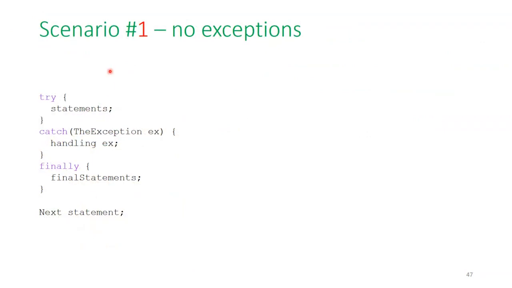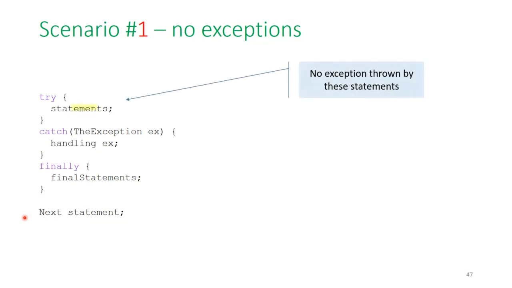So here's the code, or pseudocode. Try, a bunch of statements, catch the exception X, handle it, finally, more statements, and then statements that come after the whole try, catch, finally block. Scenario 1: no exception occurs. What happens?